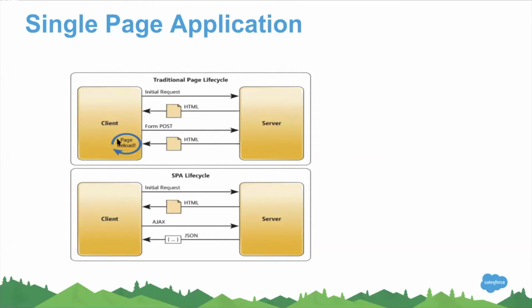But in single page applications, every unit or every little UI you see on your web application is a separate component, which is capable of communicating with the server independently without the whole page being reloaded.